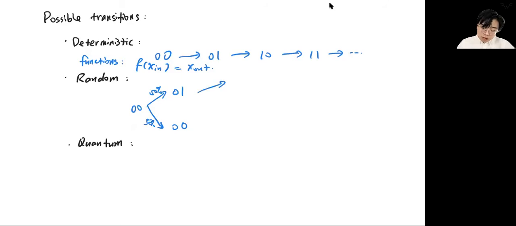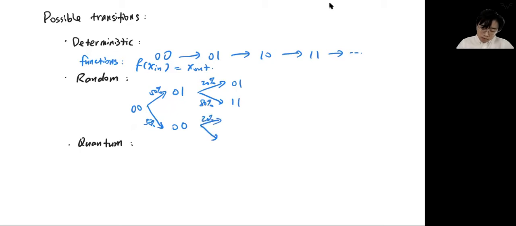Now we can keep doing these random transitions, maybe this time with a different probability weight. With some probability, you will not flip the first bit, and with other probability, you will.